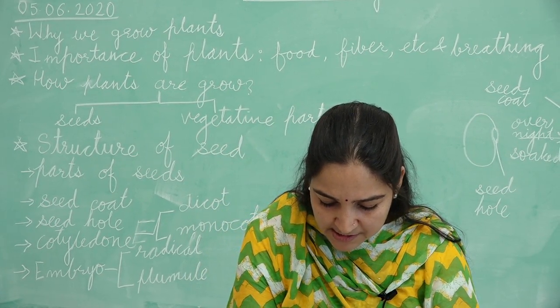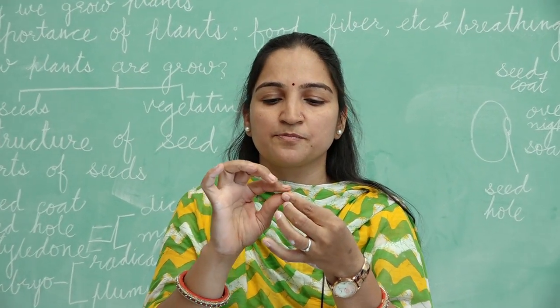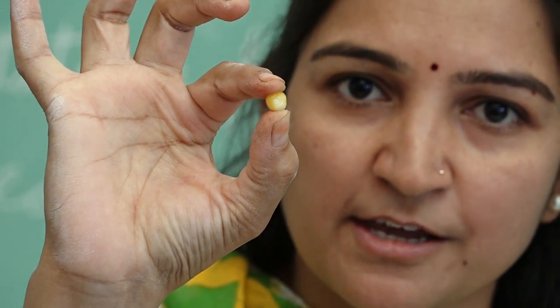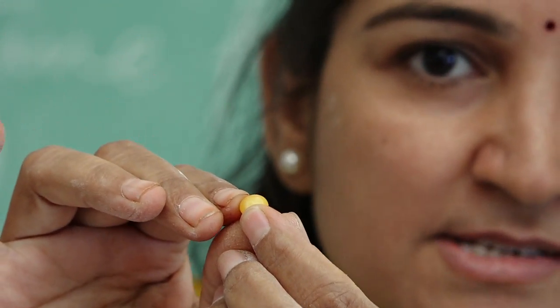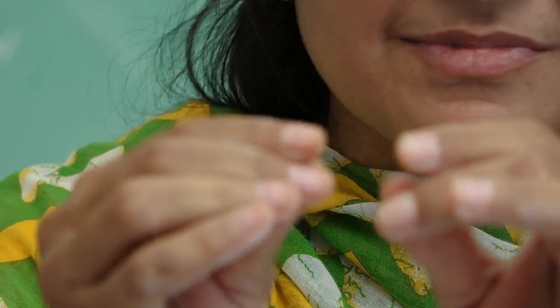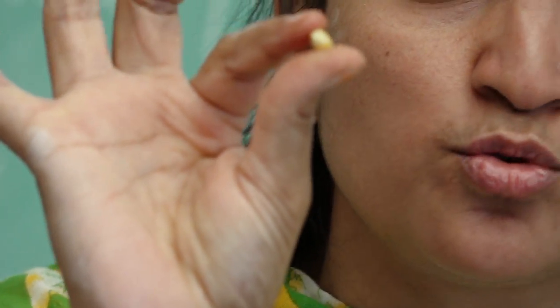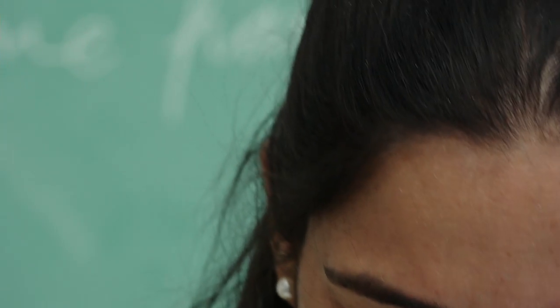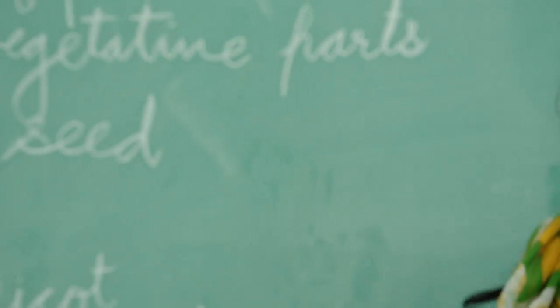Now another seed I have is the maize seed. मकई का seed है ये, which also has a seed coat, a transparent one. When I pull it down, it is not divided into two parts. That's why it is called a monocot seed.